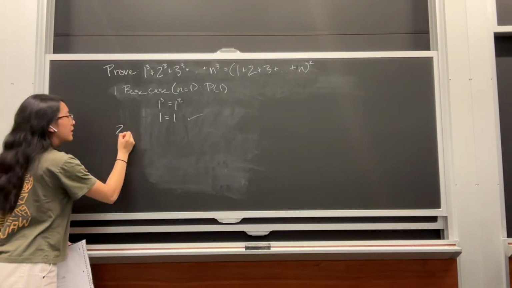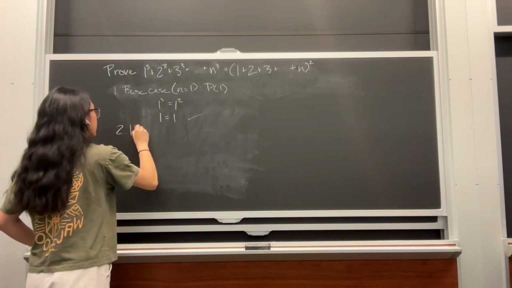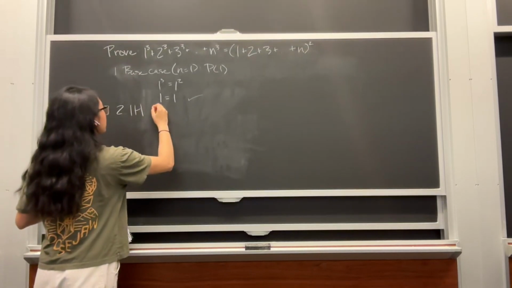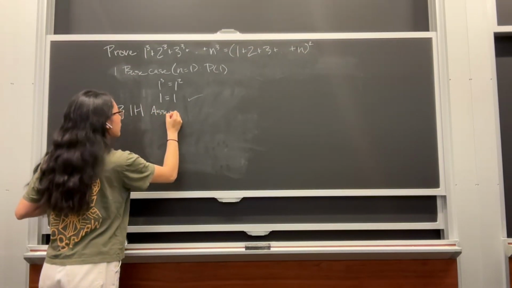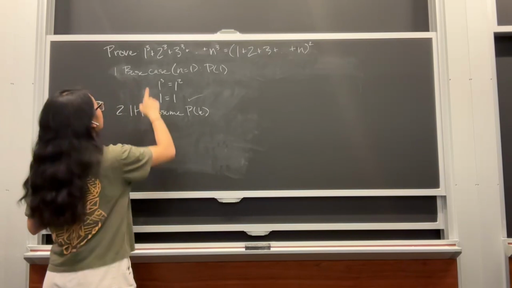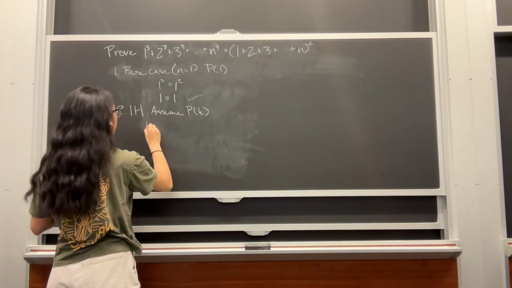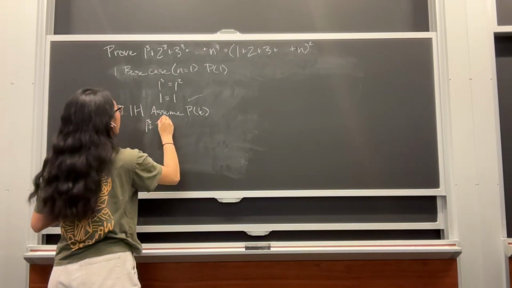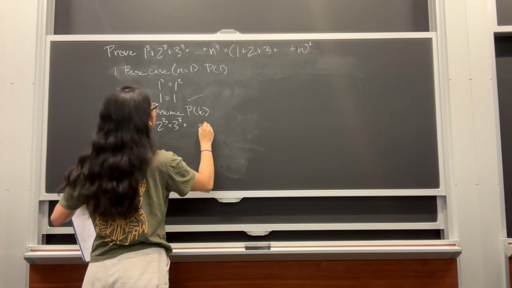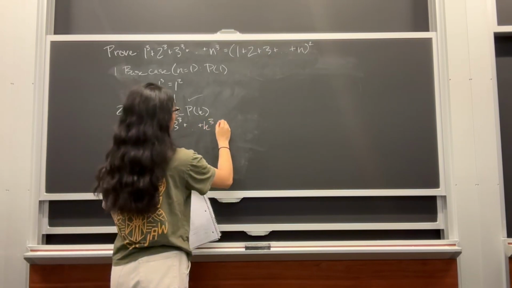Our next step is to do our inductive hypothesis, where we are going to assume that P(k) is true. So all we're going to do here is rewrite the claim we were given above, and instead of n, we'll go all the way to some value k.